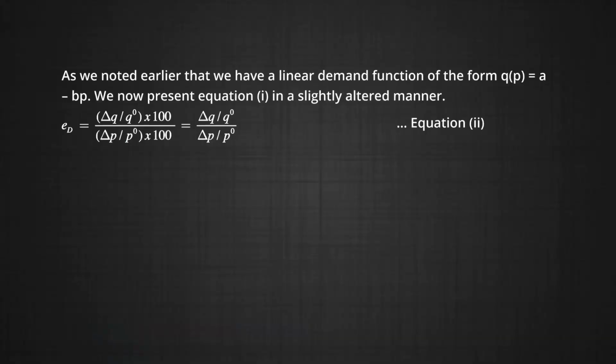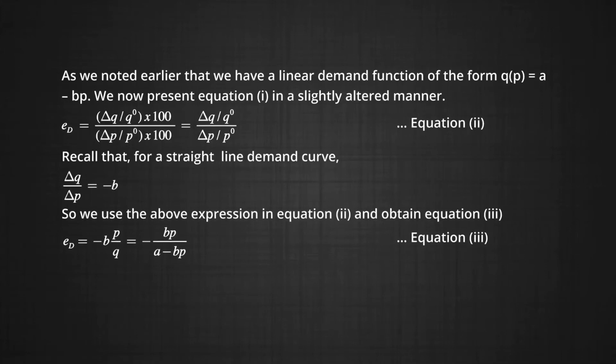As we noted earlier, we have a linear demand function in the form Q(P) equals A minus BP. We now present equation 1 in a slightly altered manner. Recall that for a straight line demand curve, the slope is minus B. So we use the above expression in equation 2 and obtain equation 3.